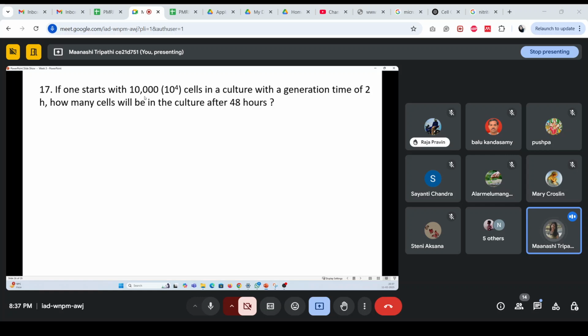When we check on a plate, or by any method of bacterial number calculation, it will not always be in this form. It can be 10,500 or something like that. So we mostly represent it by rounding to a certain number in the form of tens, hundreds or thousands. So here 10,000 is there.